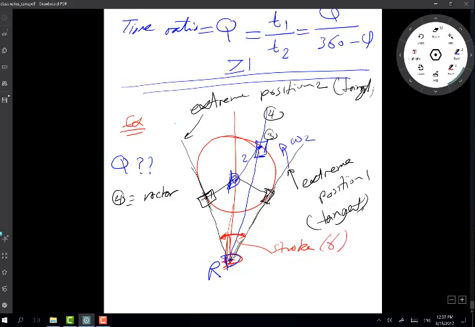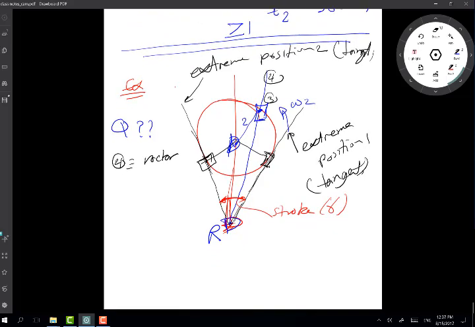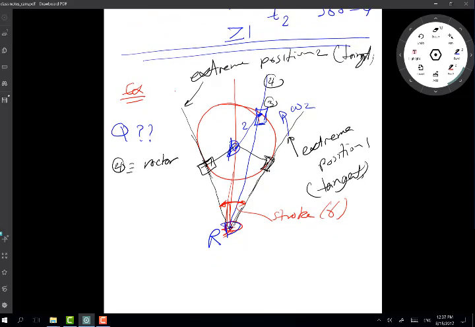Now I want to find my time ratio. I have a slow stroke and a fast stroke. Which one is slow and which one is fast? The stroke which corresponds to the large angle, angle phi, is the slow stroke.